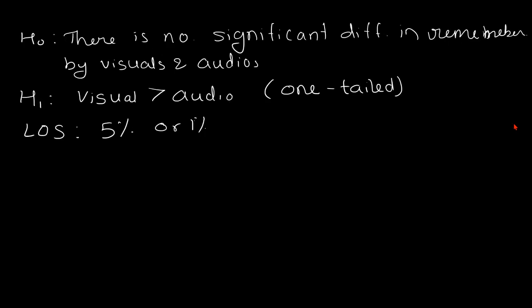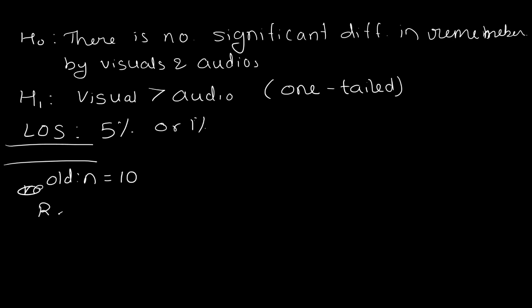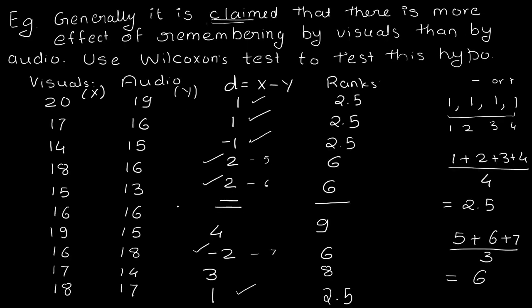Now what I will do is write my revised n. My old n value was 10, that is the number of observations, 10 here. Now my revised n will be 10 minus those numbers which have the difference 0, and I will ignore this point.